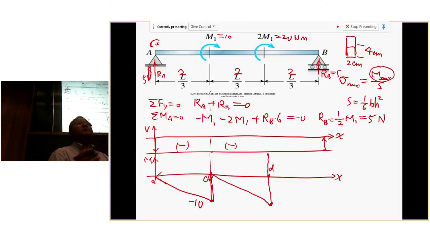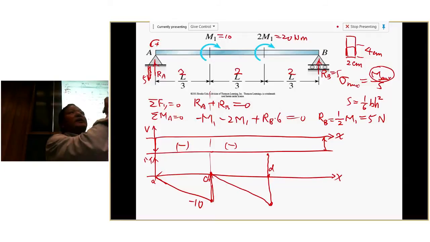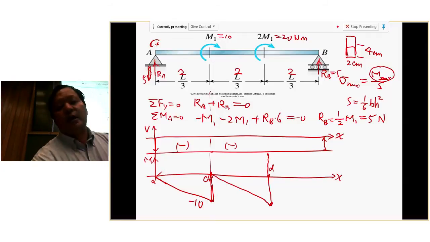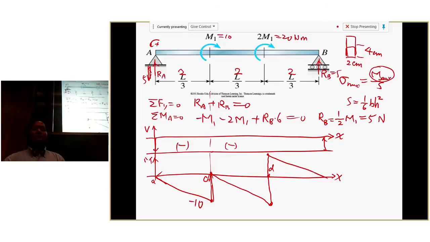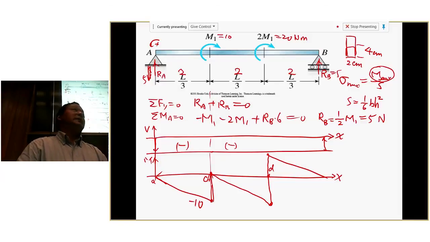Okay, now what happens after you pass this point? You start accumulate negative area again. And how much you accumulate from point D to point B? Negative 10, right? So you go down by 10. All right. Okay, now anyone got a different curve? No, we're on the same boat. All right.